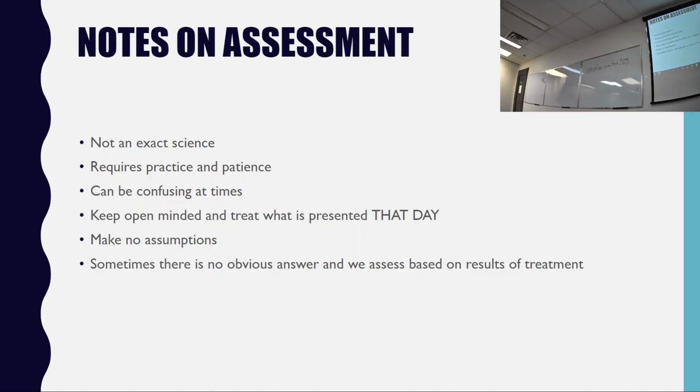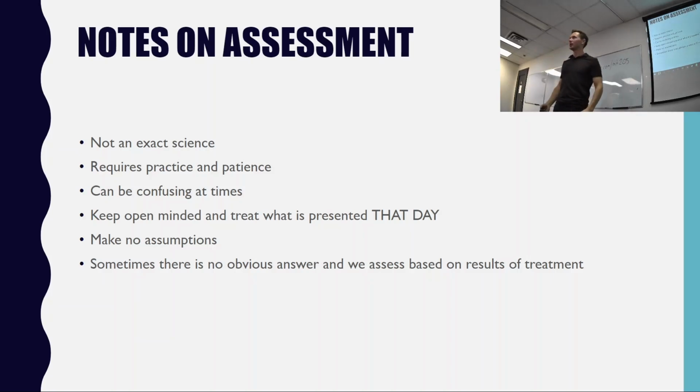Sometimes there's no obvious answers, and we assess it based on the results of treatment. Now that's a strange one. You don't know what's going on. You have no idea. So you do a treatment. You do your best guess. Like, I think it's supraspinatus, or I think it's the joint capsule. And you treat it. They come back next week and they say, I didn't feel any different at all.